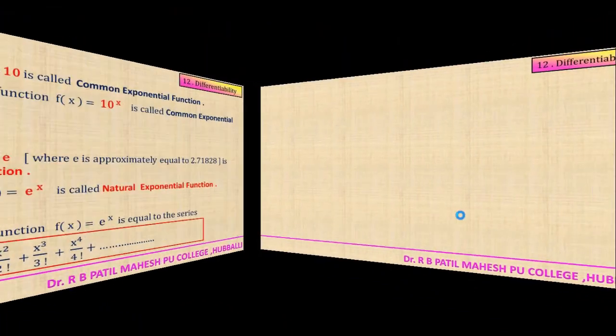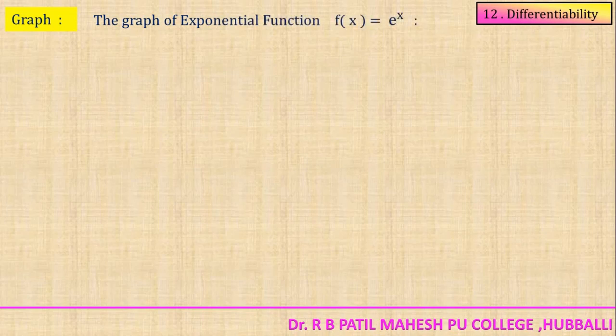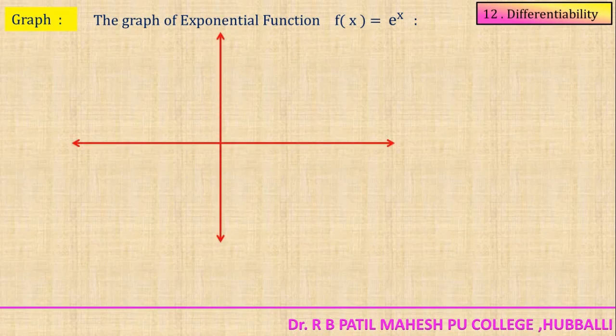So let me now discuss the graph of the exponential function e raised to x. This is the coordinate axis, and the graph of e raised to x you will get like this.